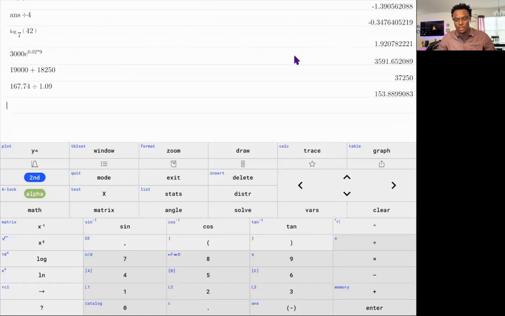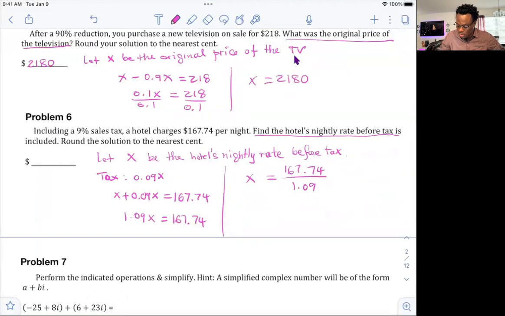That's what it gives me, 153.89. They said round it to the nearest cent. That means x equals 153.89. You round up 1 unit to the nearest cent, that's what it is. So $153.89 he paid for this.